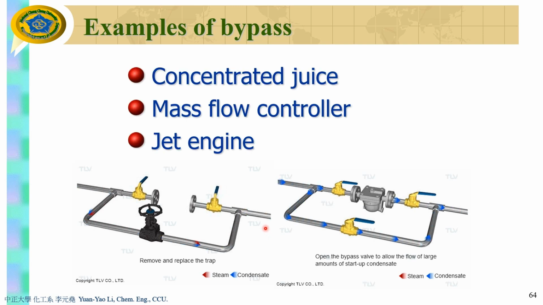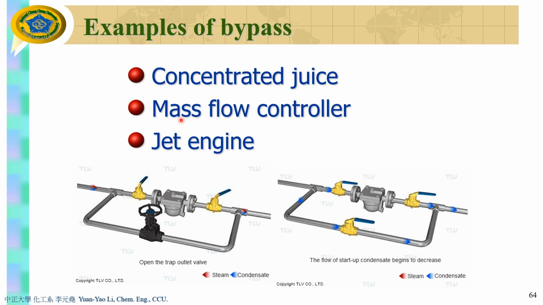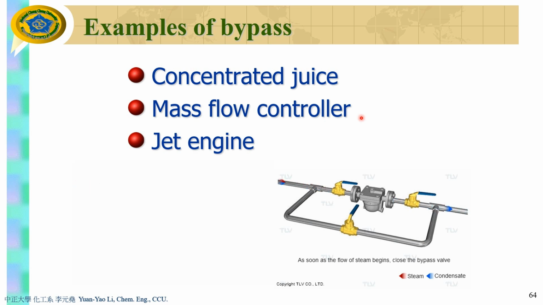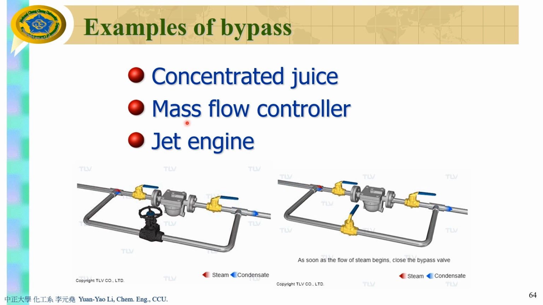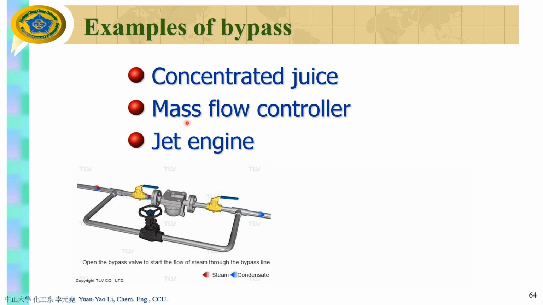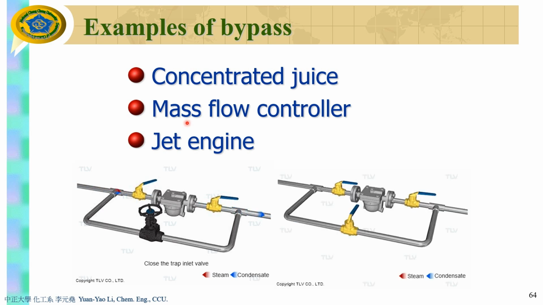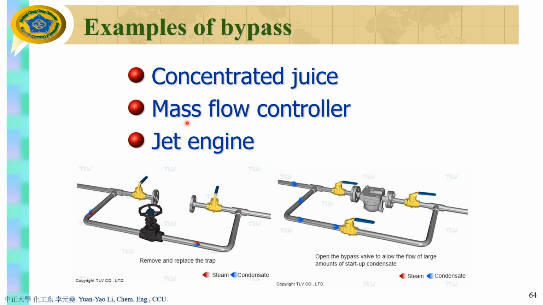So there are some examples I'm going to show you: the concentrated juice, the mass flow controller, and the jet engine. I don't have time to introduce the mass flow controller here, but you will learn this when you are in college or when you go to graduate school. Remember, when we talked about the rotameter, that's the volumetric flow rate meter, right? So how do you measure the mass flow rate?